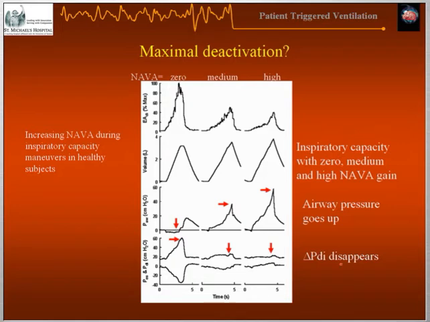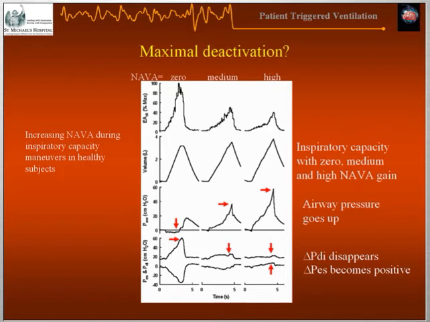Now, the transdiaphragmatic pressure is going to 45 in swing during the unassisted inspiration. With increasing assist, the PDI disappears. So when we have high assist, we have no more PDI.